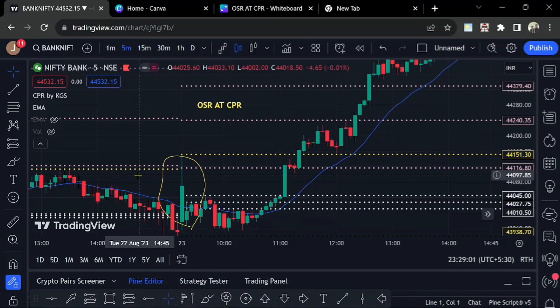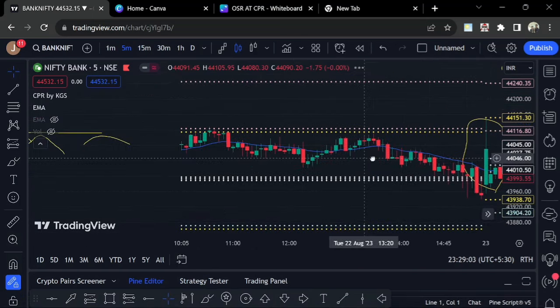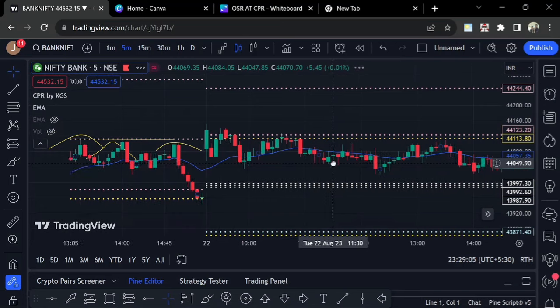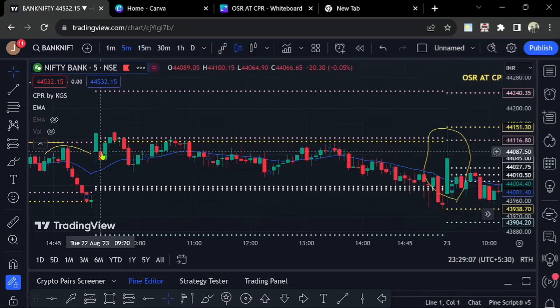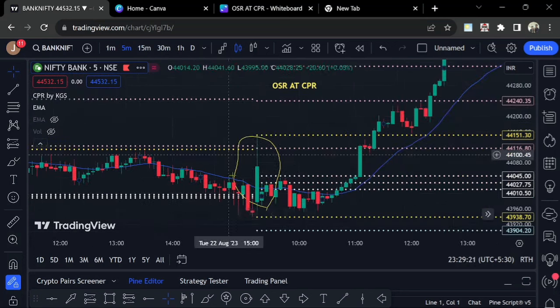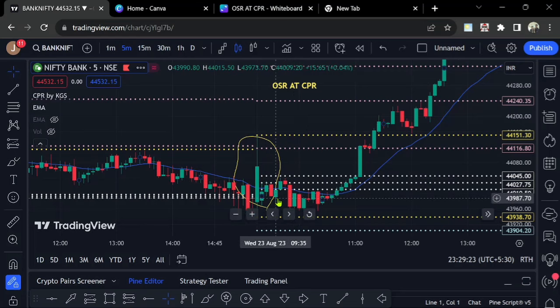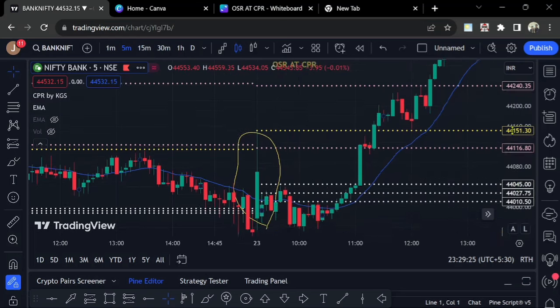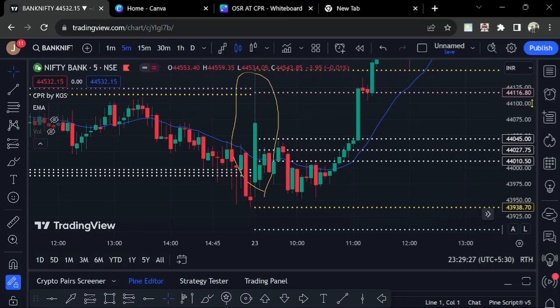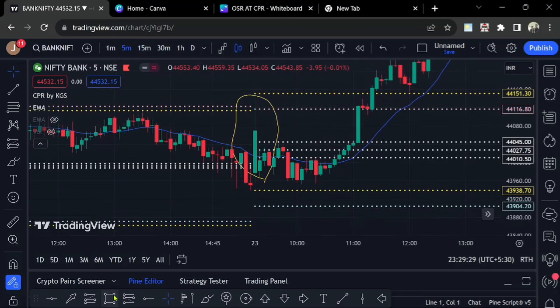The previous day, even though it was not a trending day, was a slight downtrend day. It opened here and closed here. Traders here are expecting that the market is going to break on the downside. These traders keep their stop loss in this particular area, and this area is called the liquidity area.